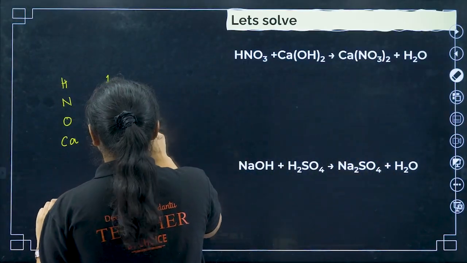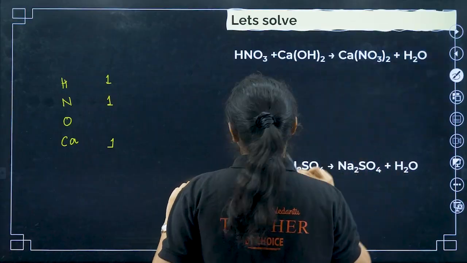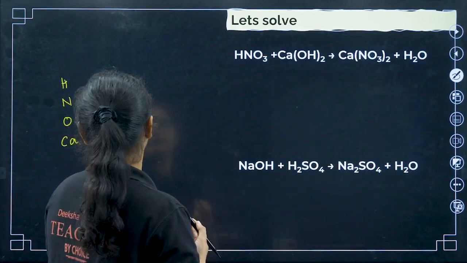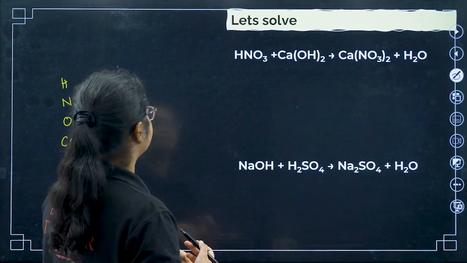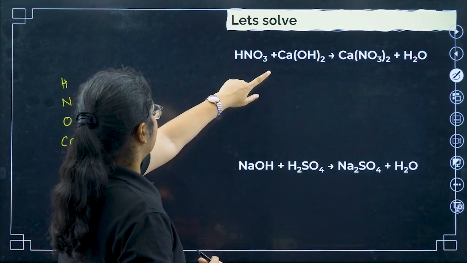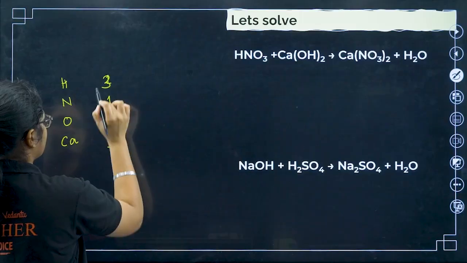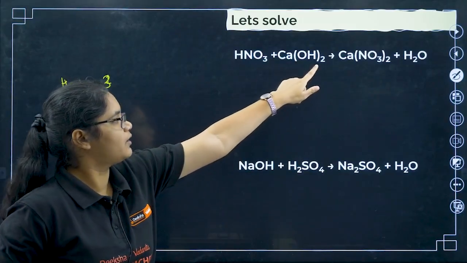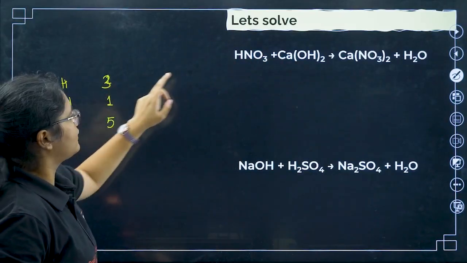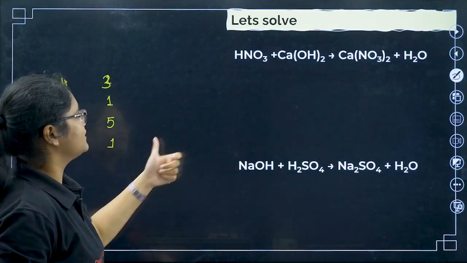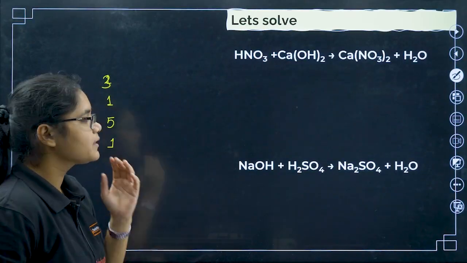Hydrogen, 1 here, 2 here, total 3. Nitrogen is 1, oxygen is 5, calcium is 1, okay, fine.